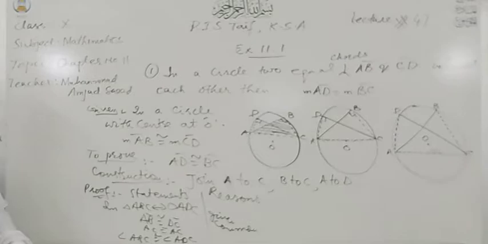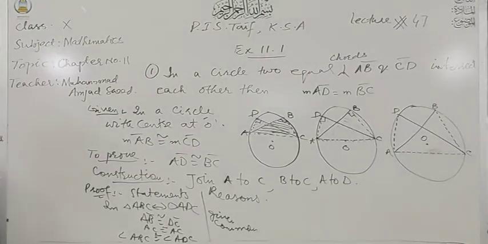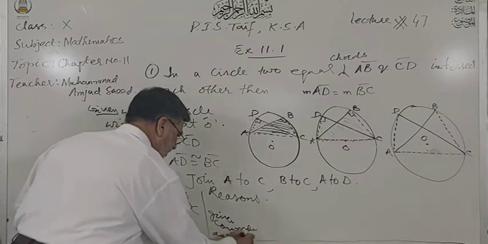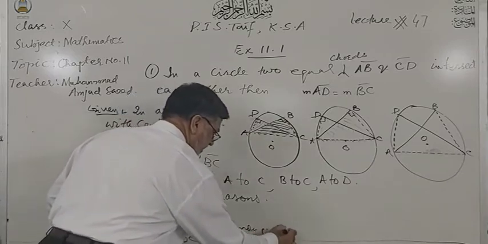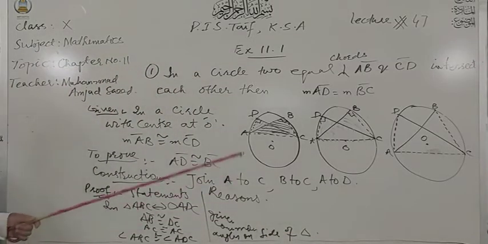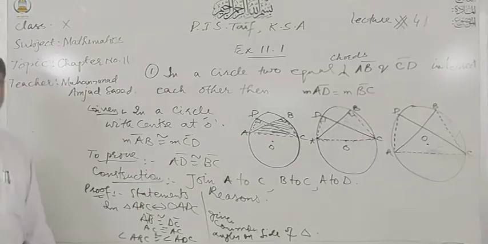Angles on the same side of triangle. Basically, you have seen this theorem in chapter number 16, ninth class: two triangles with same base and equal altitude will have equal areas.